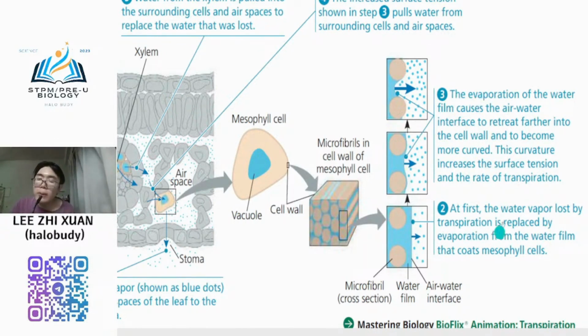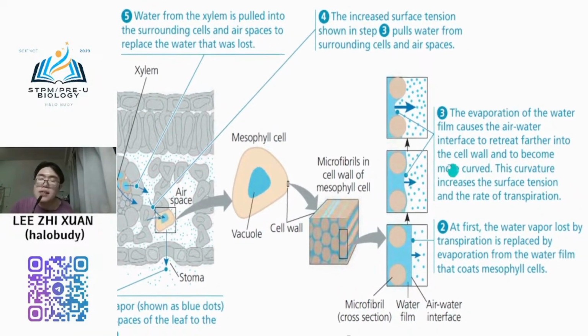So the evaporation of the water film will cause the air-water interface to retreat farther into the cell wall and to become more curved. It will become a curved shape. Curved. And then this curvature will increase the surface tension and the rate of transpiration. So this is what you already learned about surface tension.